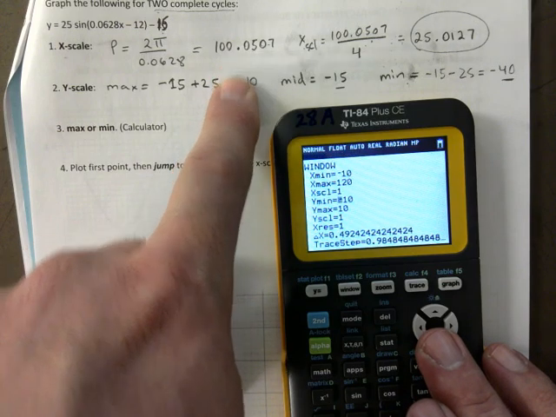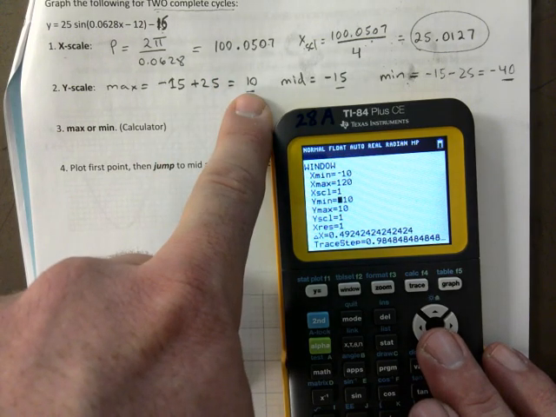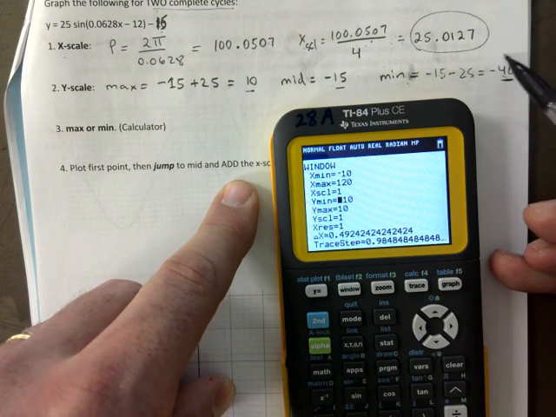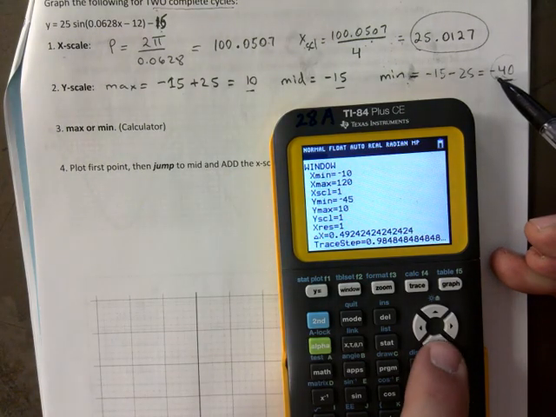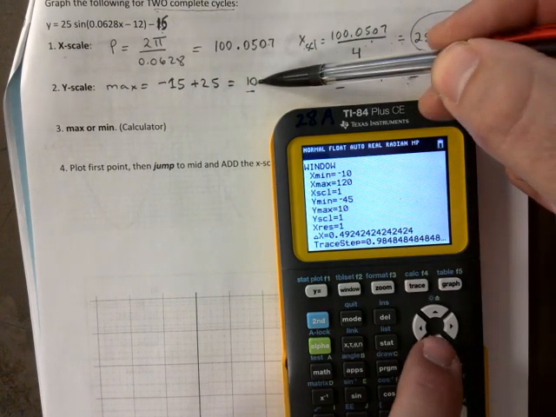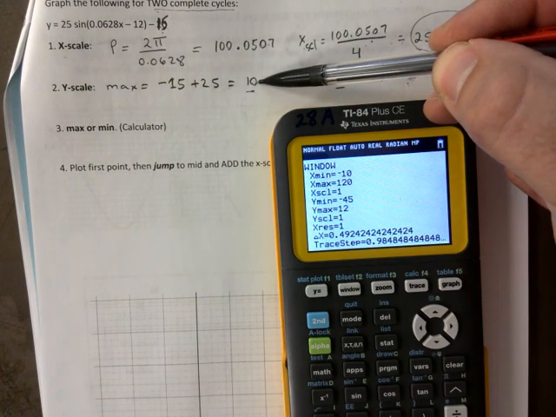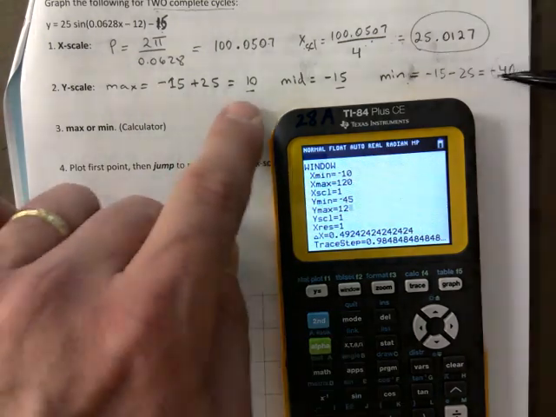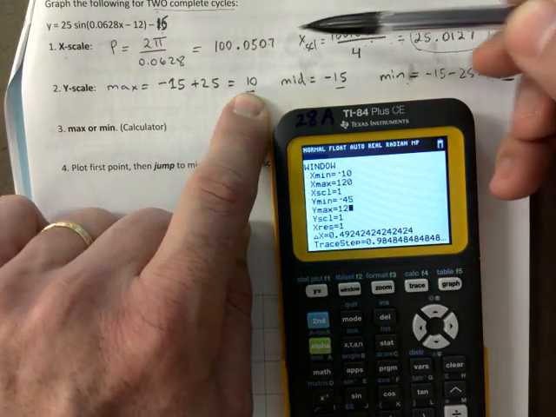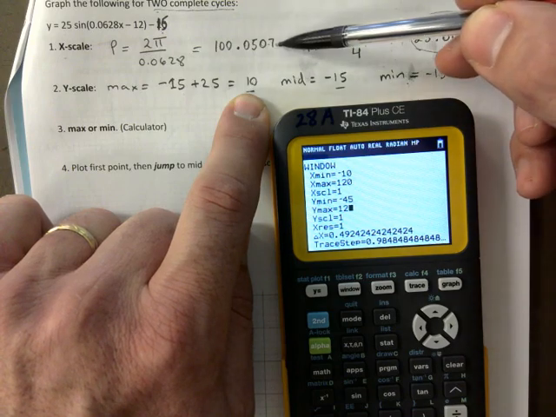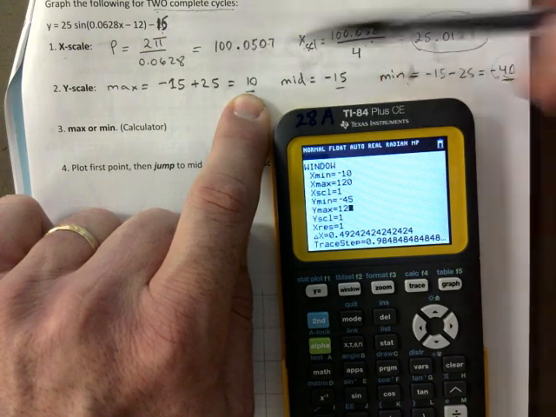My Y min is negative 40, so I'm going to go negative 45, and my y max is 10, so I'm going to go maybe 12, just a little bit above it. So these two help you figure out your y min and max, and this helps you figure out your x max.